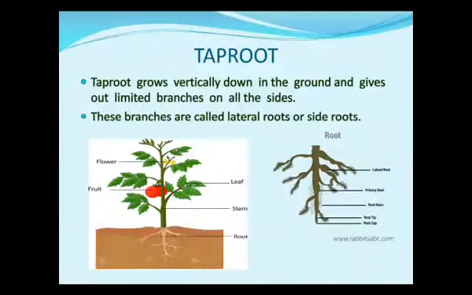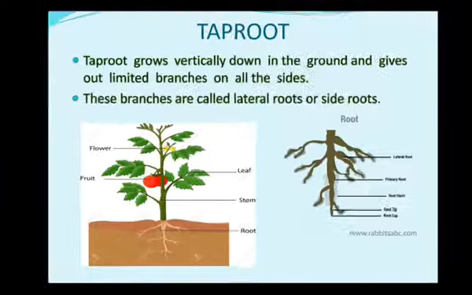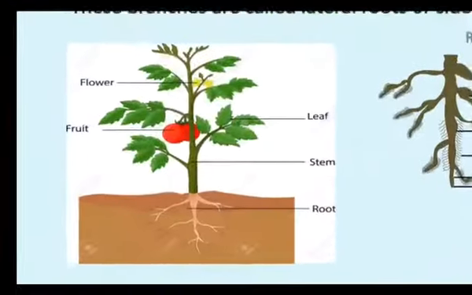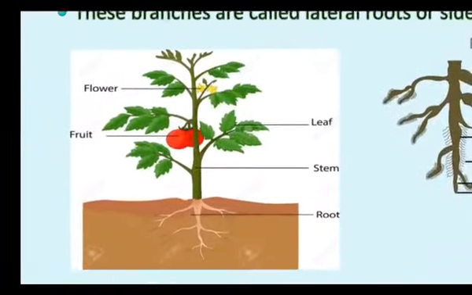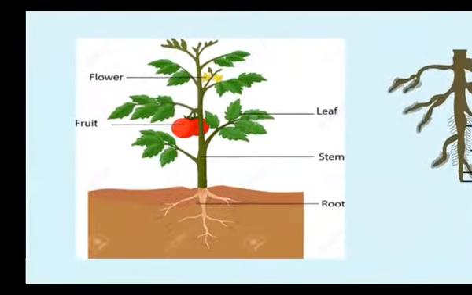Taproot, as I told you, grows vertically down in the ground and it gives out limited branches on all the sides. These branches are called lateral roots or side roots. This is the plant, and you can see there is a main root which is a little thick and it has branches.